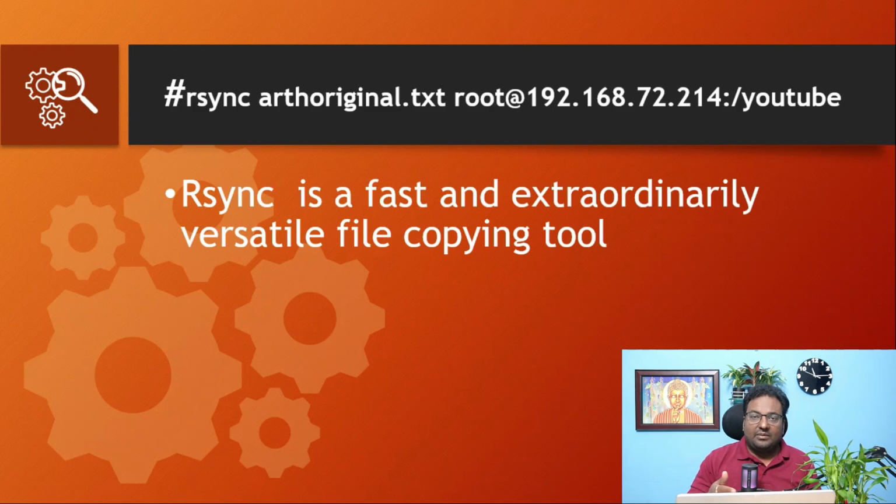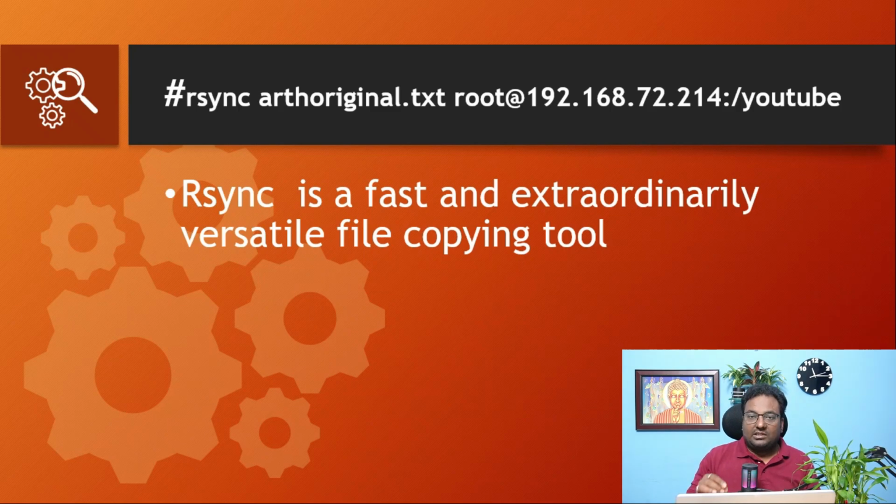Okay, so in the previous command in this series I showed you the scp command, but now I am going to show you how we can use the rsync command. Both are the same, the only basic difference is that rsync will see wherever the copy stopped. This command will also copy your file from one server to the other server.